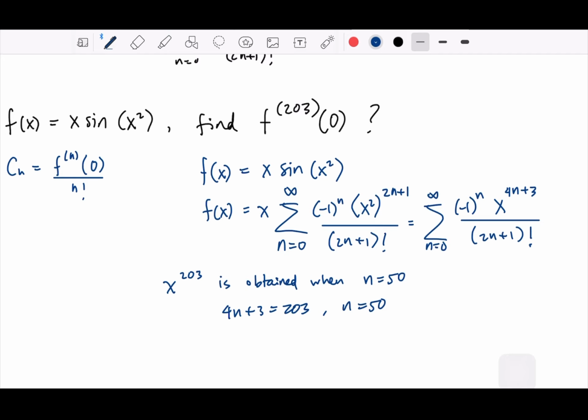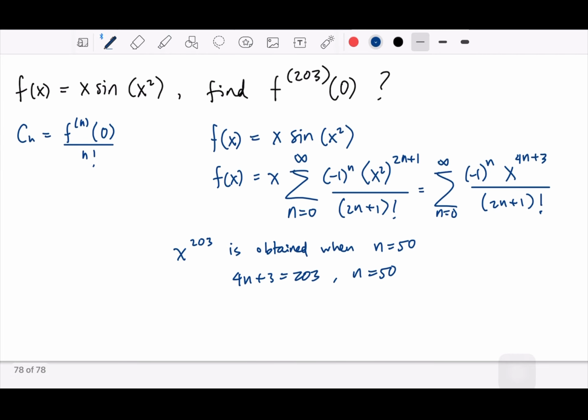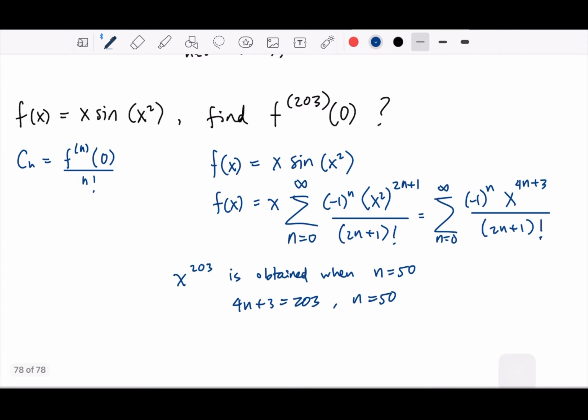So we can write down that -1 to the 50, x to the 203, and then this is getting 50 multiplied by 2 plus 1, is 101 factorial. This is the expression that we got. If we plug in n equal to 50, this is what we get.